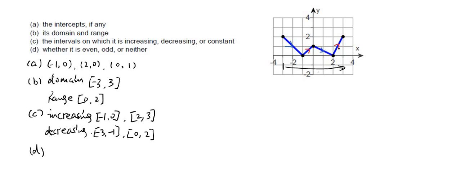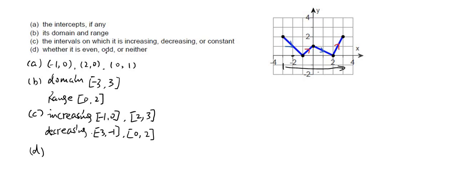So let's check whether this curve is symmetric with respect to the y-axis. Very clearly it's not symmetric. For example, if it were symmetric, we should have another point over here. So that is not even.